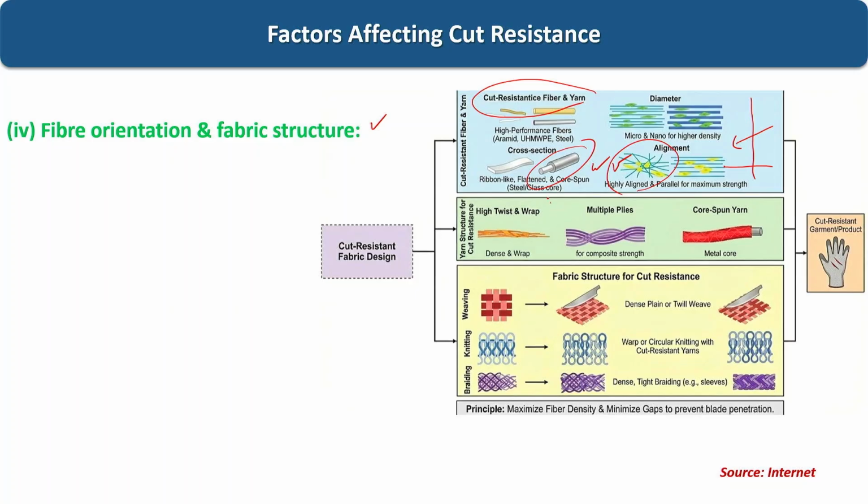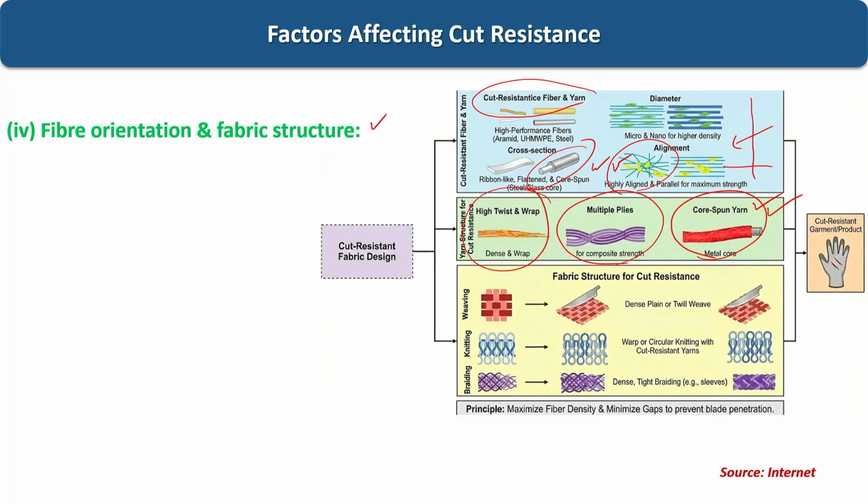Similarly, the twist level of the yarn, number of plies like 2 ply, 3 ply, multiply yarn, core sheath structure. So, if we use a metal core and high performance fiber in the sheath, by doing this we can manipulate the cut resistance.